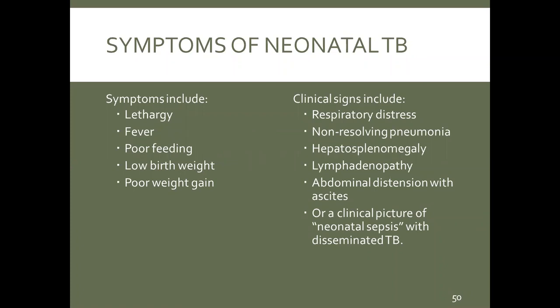Symptoms include lethargy, fever, poor feeding, low birth weight, poor weight gain. Sometimes they present with severe respiratory distress, non-resolving pneumonia, hepatosplenomegaly, abdominal distension with ascites, or any other picture of neonatal sepsis with disseminated TB.